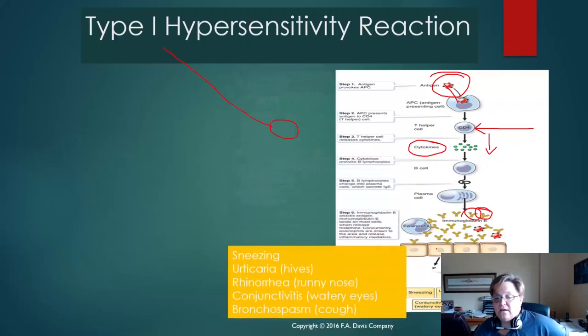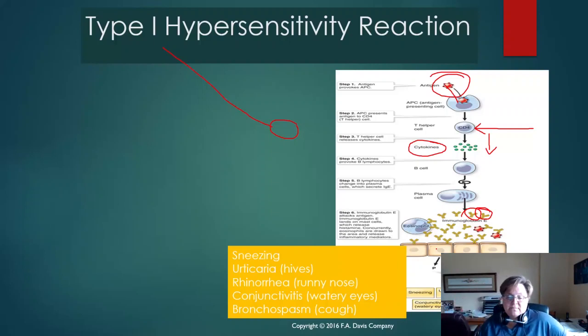Then that causes a lot of different symptoms, things like sneezing, urticaria, which is hives, rhinorrhea is a runny nose, conjunctivitis is watery eyes. It's actually a broad term that can mean more than that, but watery eyes in this instance, and bronchospasm or a cough. Bronchospasm is actually referring to the bronchioles within the lungs, and as they spasm or get smaller, it makes us cough, but it can also make us short of breath.